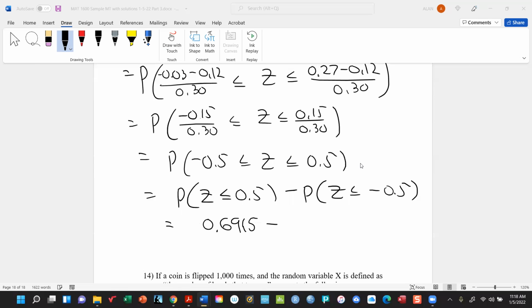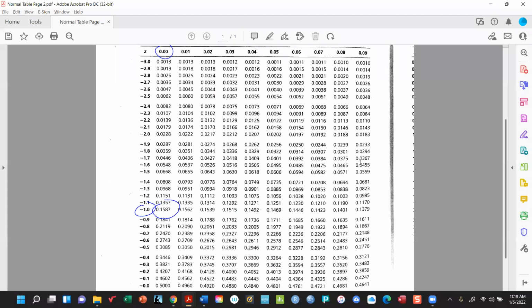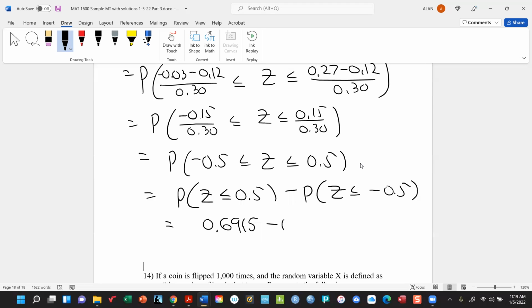And -0.5 on the negative table is right here. 0.3085. And so we should end up with 0.3830.